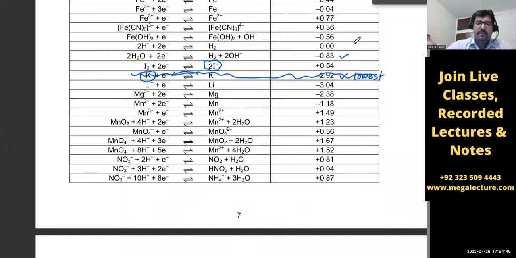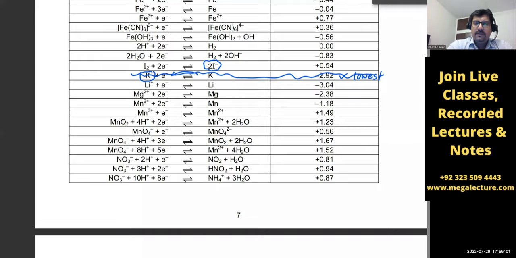Who's the lowest now? It's not minus 0.83, just a second. The one below. So the lowest is 0.54. That's my lowest, and that makes sense.